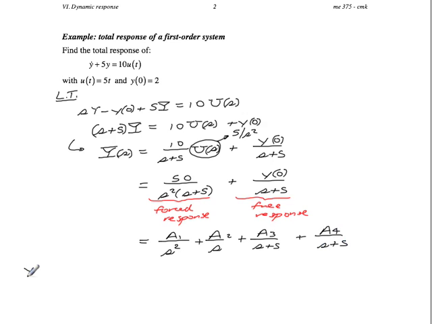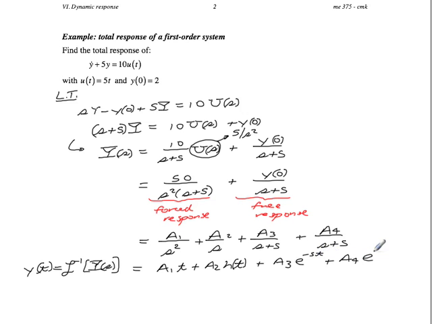So if we find the inverse Laplace transform of y of s, inverse Laplace transform of 1 over s squared is just t, so that's a1t. a2, that's times the step function h of t. a3, inverse Laplace of 1 over s plus 5 is e to the minus 5t, and then a4 also e to the minus 5t.